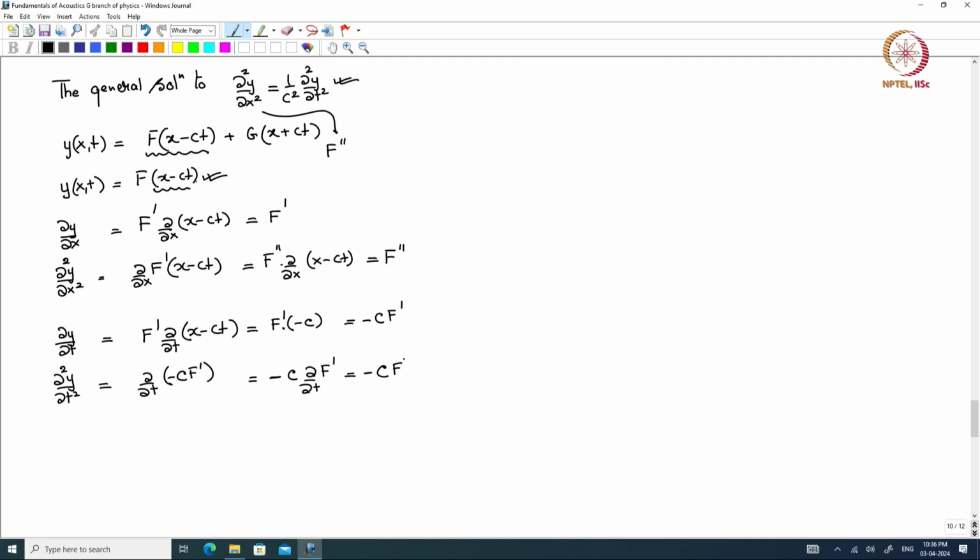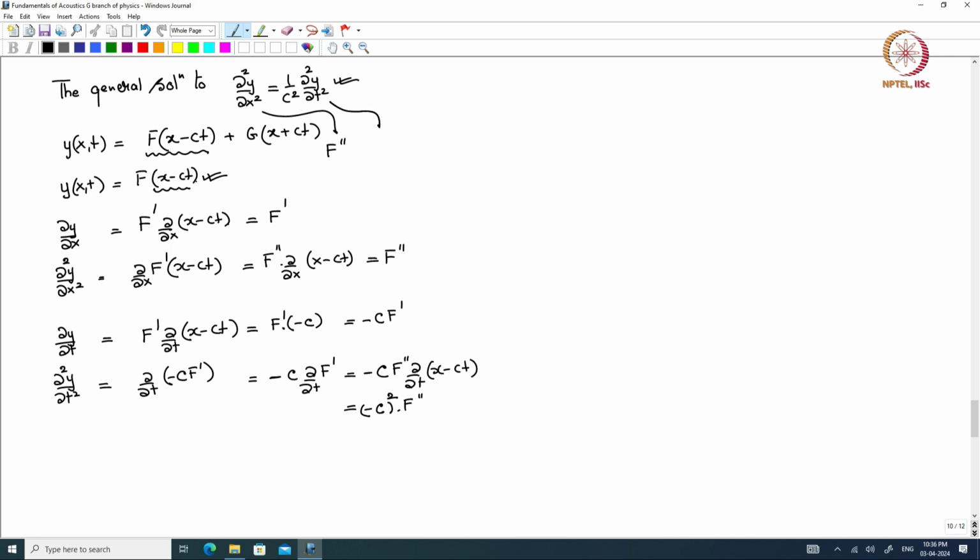So, f double dash, and del by del t of x minus ct gives me another minus c. So, minus c whole squared into f double dash.